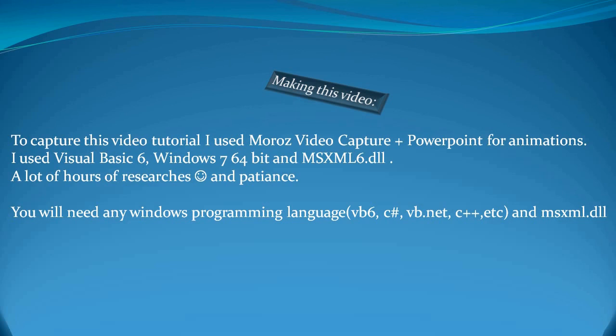I also use the MSXML 6.dll library, a reference you need to work with this tutorial. Basically, to follow this idea, you will need this DLL, and you can Google and download it from Microsoft, the MSXML 6 SDK or .dll.